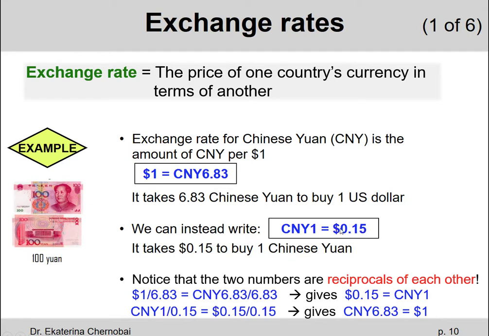So if we want to see $1 instead of 0.15 of a dollar, we need to divide both 1 Chinese yuan and 0.15 of a dollar by 0.15. And this is how we would get $1 on the right-hand side. And on the left-hand side, when we take 1 and divide it by 0.15, we get 6.83 Chinese yuan.